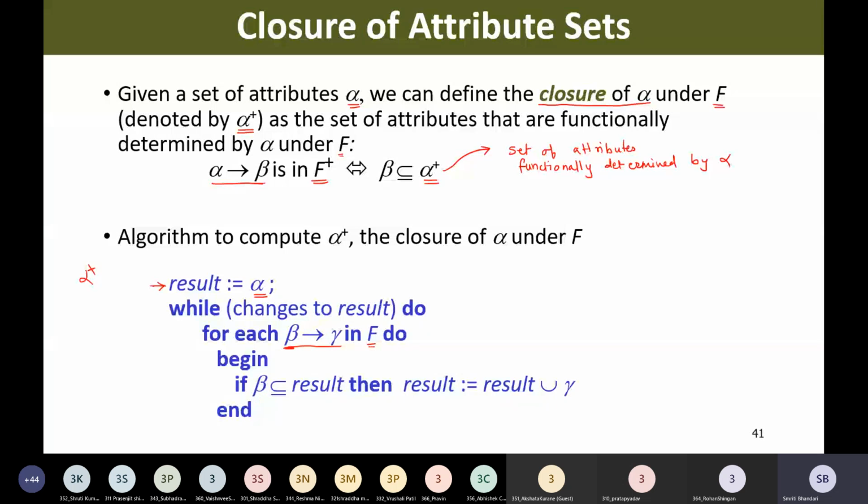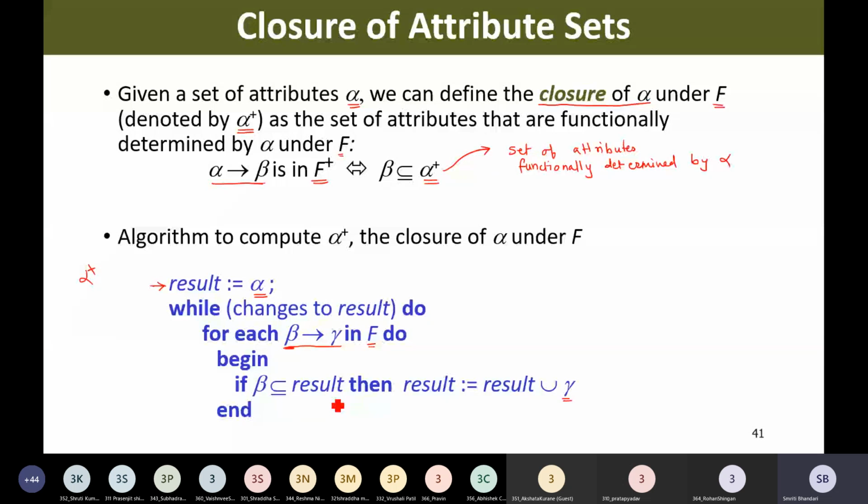If beta, that is the left hand side, is a subset of the result, then the result gets updated as result union the right hand side of the functional dependency.